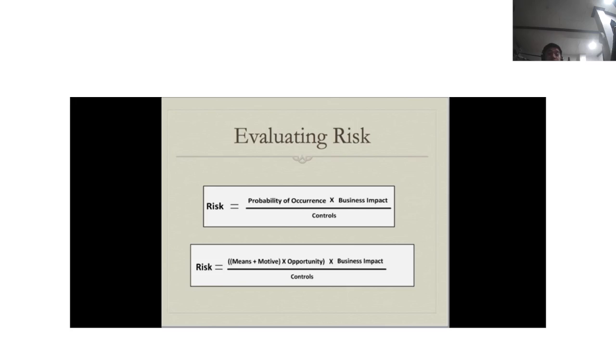And opportunity is really the vulnerabilities. If an attacker has the means and motive, what weaknesses are they going to find? They will look at what weaknesses their target has. What opportunities are they going to find in your network and systems to be able to achieve their objectives?